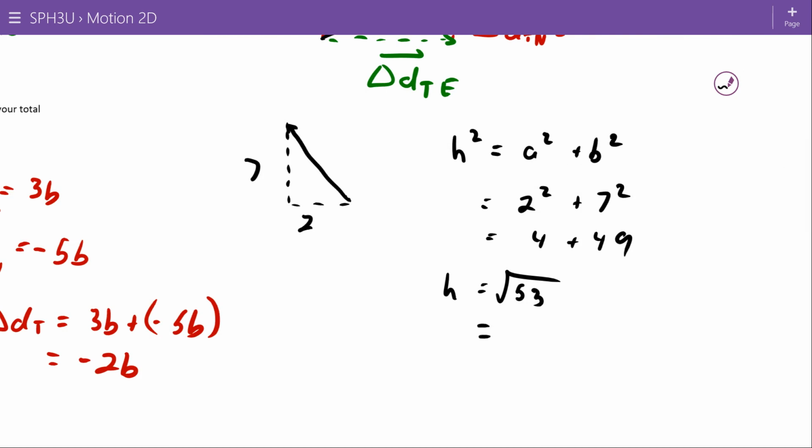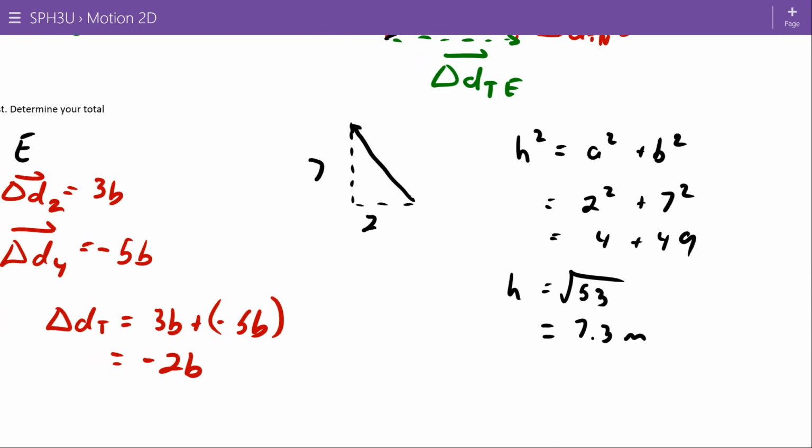And that works out to 7.3 meters. When you have a big component and a small component, the number almost always works out to be pretty close to the bigger of the two components.